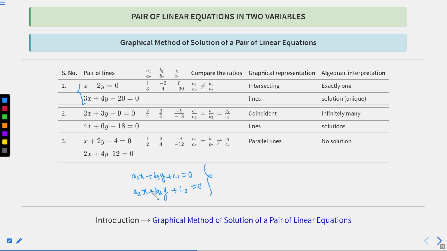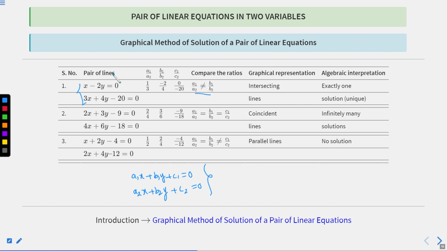If A1 by A2 does not equal B1 by B2, then graphically we can represent this pair of linear equations as lines that are intersecting to each other.